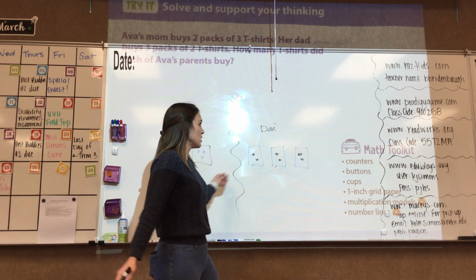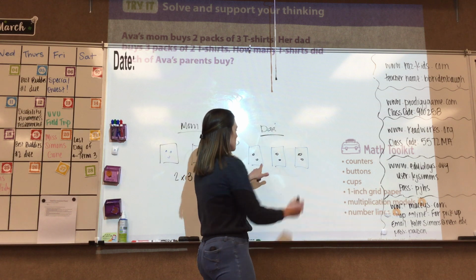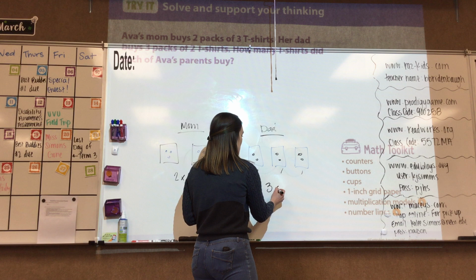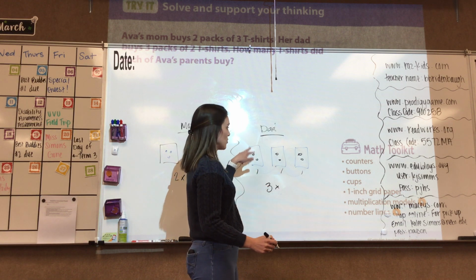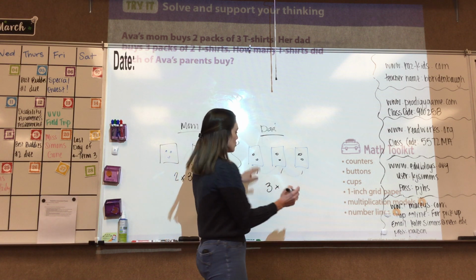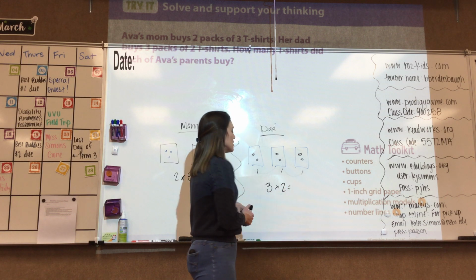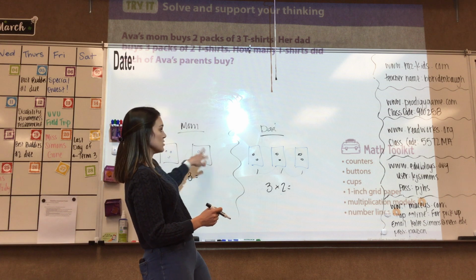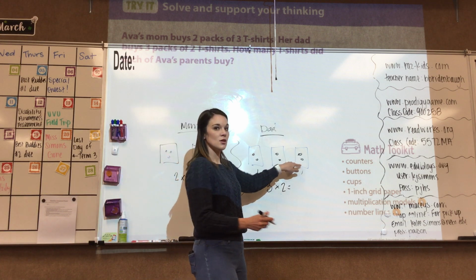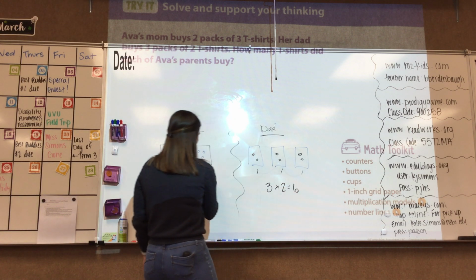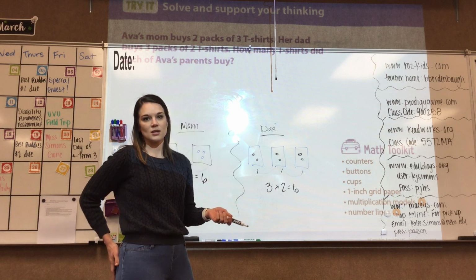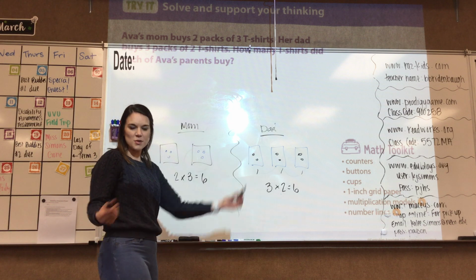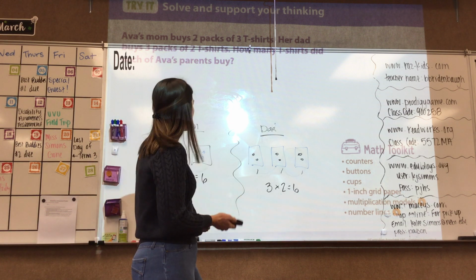Dad, though, bought 3 packs, so that is 1, 2, 3 groups, so we have 3 times, how many are in each pack? 2 equals. Now, we can figure this out by either counting by 2's or by 3's, so we can go 2, 4, 6. So we know that both of our parents bought 6 t-shirts all together. We've been learning this when we're understanding multiplication.